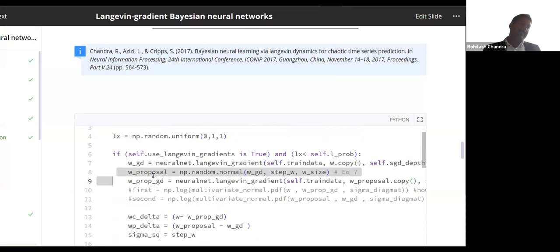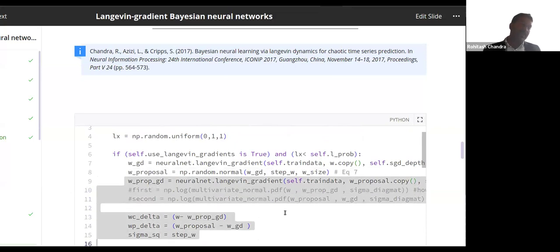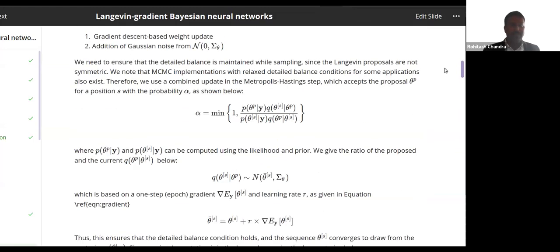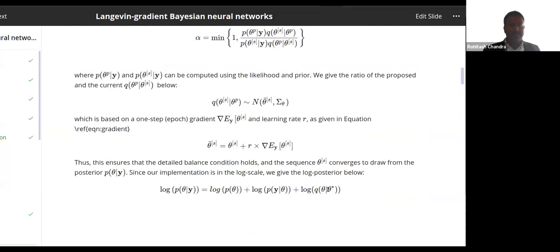What the code does next is to calculate the Q ratio of the proposal distribution. This part calculates this, and also this, in the log version.